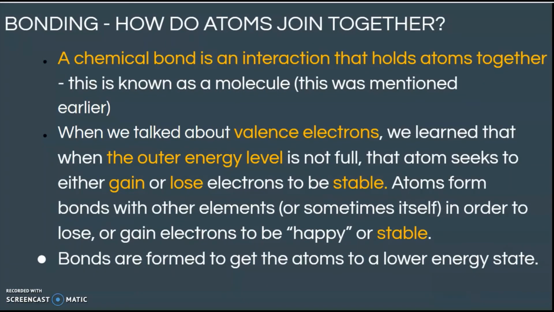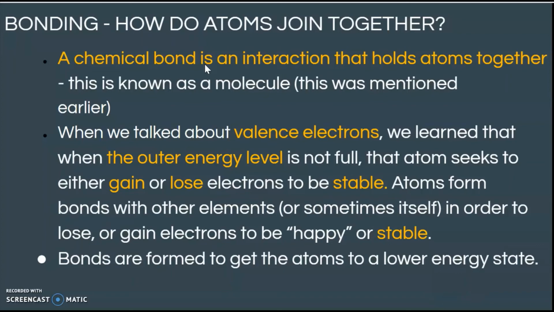Now we've mentioned that in a compound or in a molecule, atoms are actually bonded together chemically. But how do atoms join together? So a chemical bond is an interaction that holds atoms together. This is known as a molecule, which is mentioned earlier. When we talked about valence electrons, we learned that if the outer energy level is not full, an atom seeks to either gain or lose electrons in order to be stable.